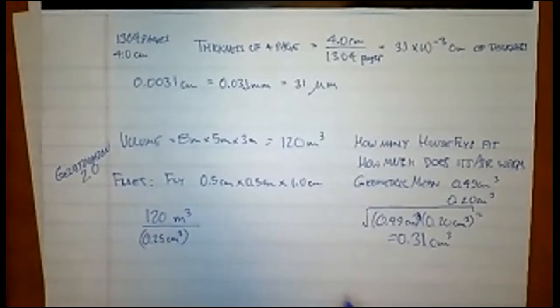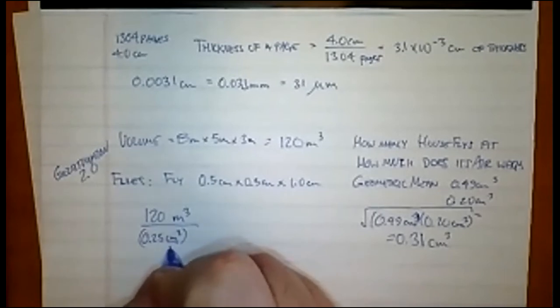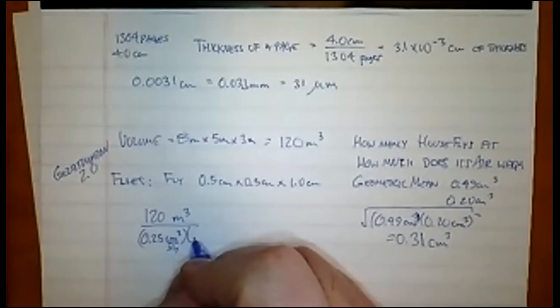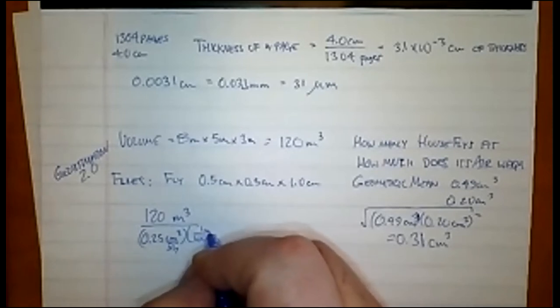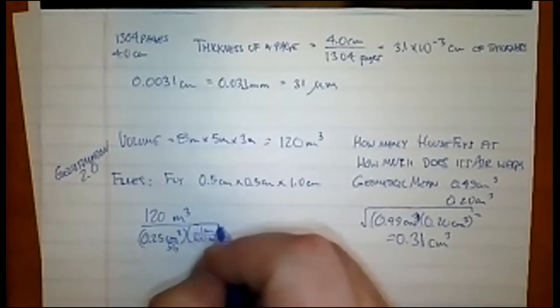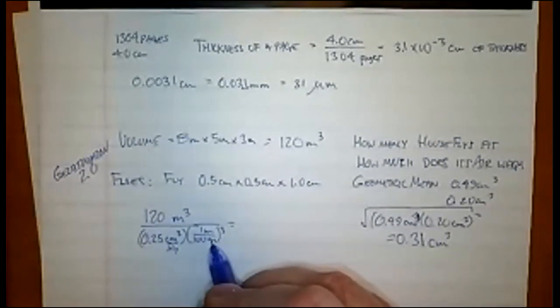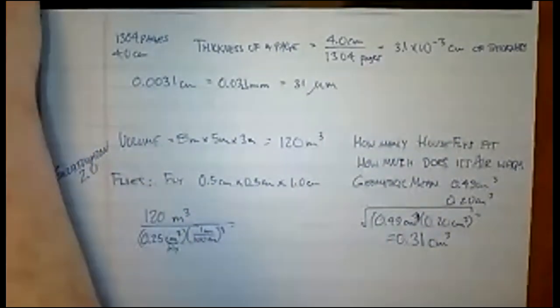Well, I need the same units, or it doesn't come out to be flies, because that's cubic centimeters per fly. So what I'm going to do is say, well, 100 centimeters is equal to 1 meter, and then I'm going to cube that. So basically, I got to take 120 divided by 0.25, and then divide it again by a million.